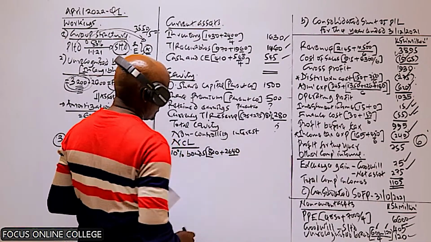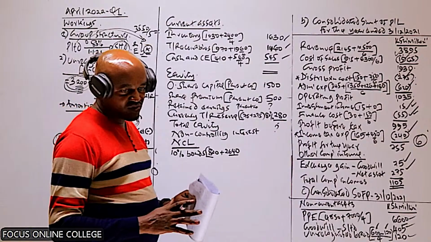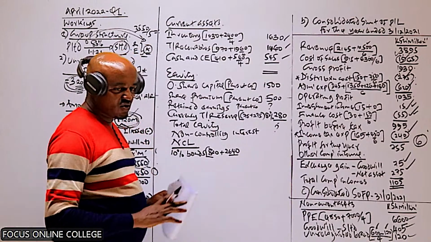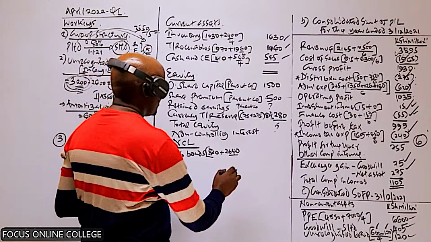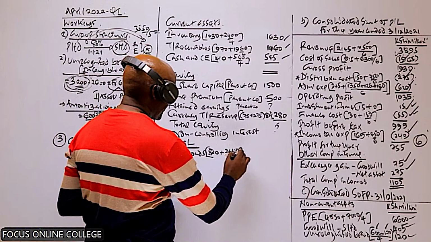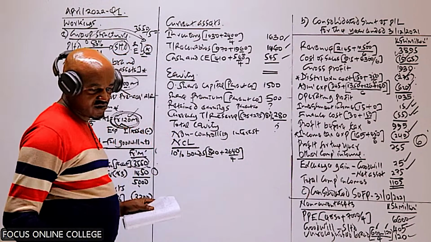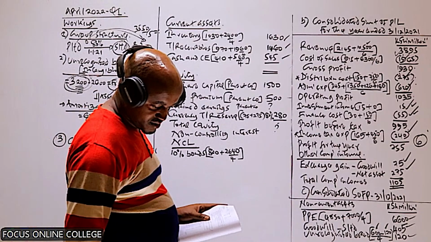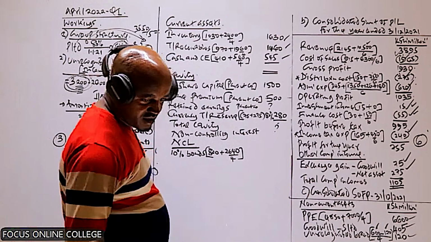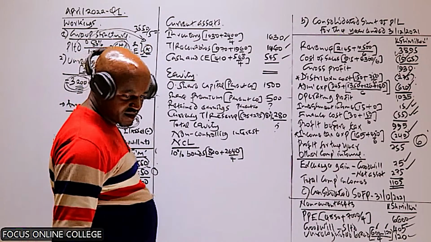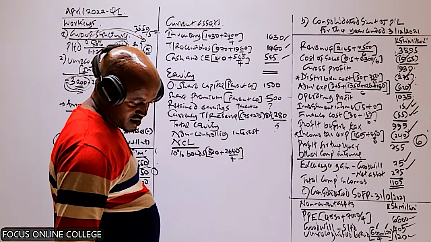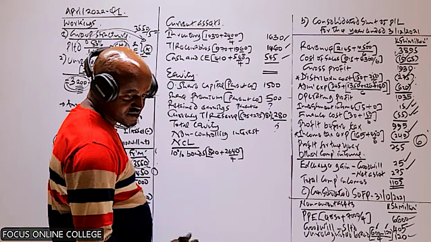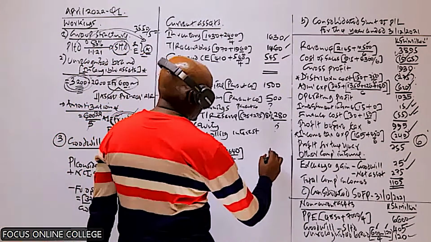But this one, remember, we translate items of asset and liabilities using the closing rate. The closing rate is 4. That will give us what? 660 plus 820. Yes, that will give us 14.